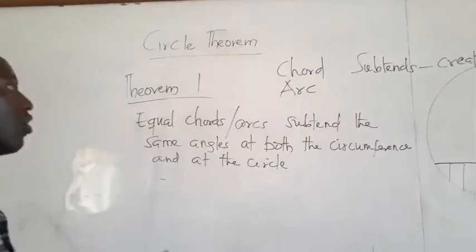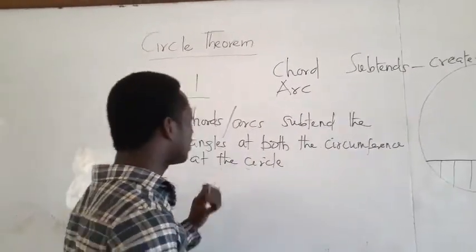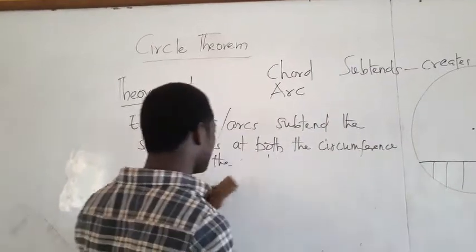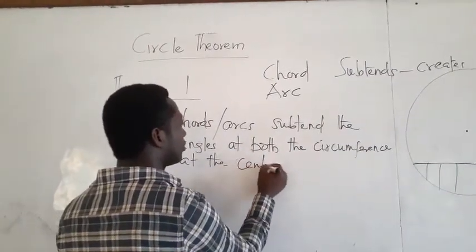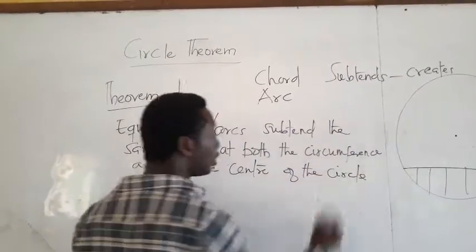Equal chords or arcs subtend the same angles at both the circumference and at the center of the circle. What do I mean?